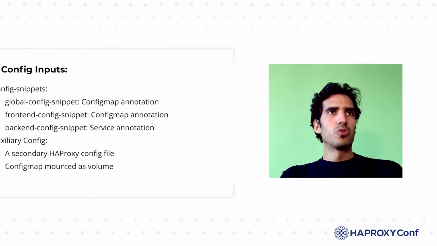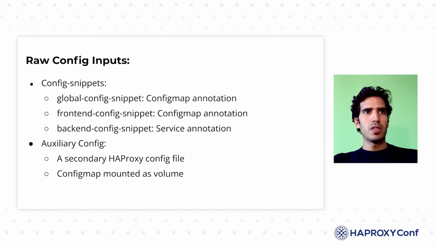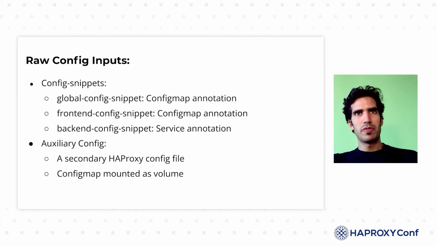And raw configuration is available in two parts. We can have config snippets and we can have auxiliary configuration. Config snippets are about inserting HAProxy directives in specific sections.